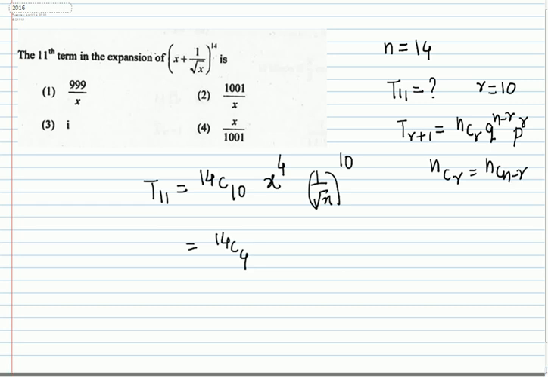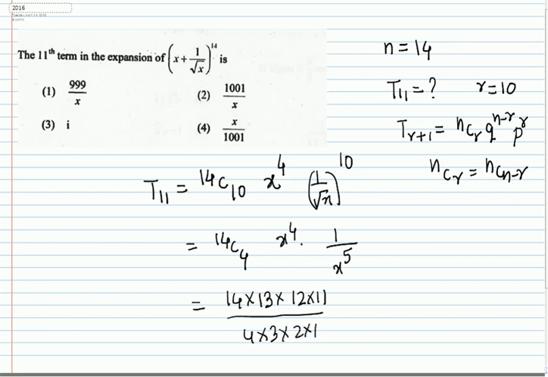And x raised to 4 as it is, and here 1 divided by x^5 because the power is 1/2, so 2 5s are 10. So 14C4 is nothing but 14 into 13 into 12 into 11 divided by 4 into 3 into 2 into 1, and after the simplification we'll be getting 1/x.